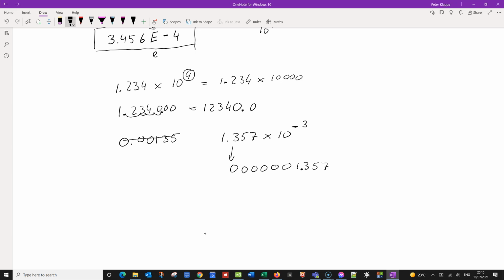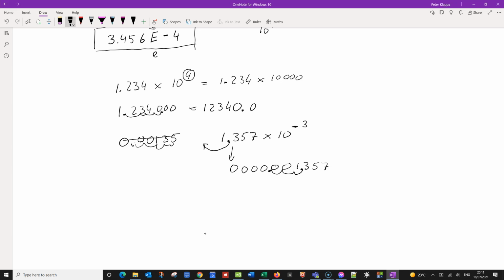And now we need to move the decimal point, and we now move it in this direction, because before, when we had this number, we moved it in this direction. Now we move it in this direction. So let's see, we need to move it 3 times. 1, 2, 3.